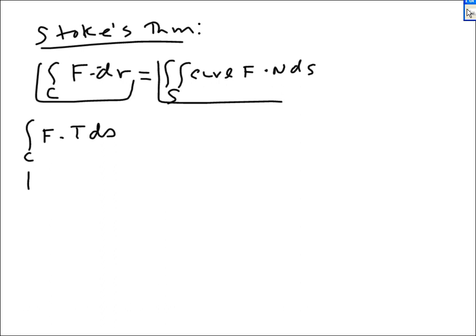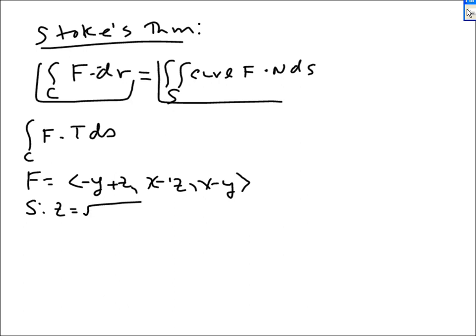And you are told that F is negative y plus z, x minus z, and x minus y, and that the surface is z equal to the square root of 1 minus x squared minus y squared.